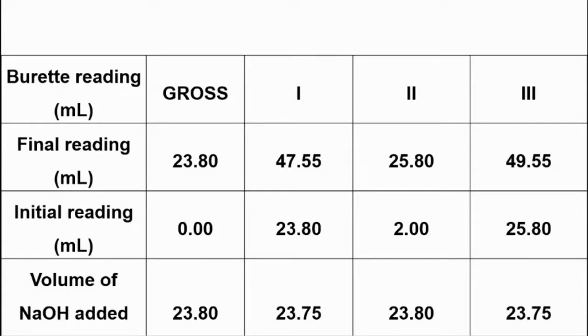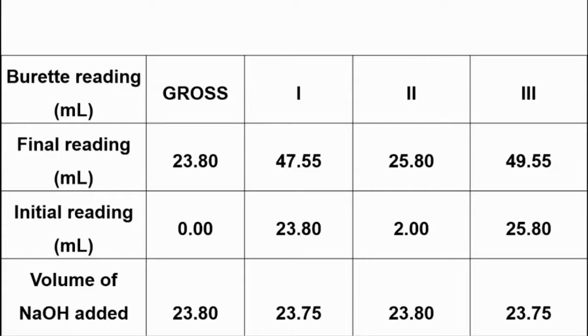So if you look at these readings of the volume of sodium hydroxide added, the difference between gross, first, second and third is just 0.05 ml. So in this case, we can say that the readings are consistent.